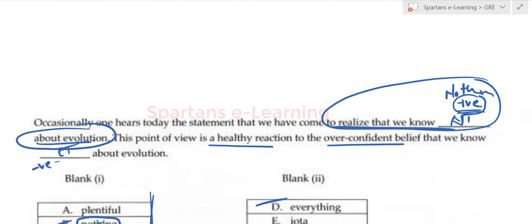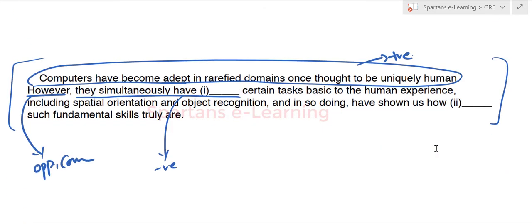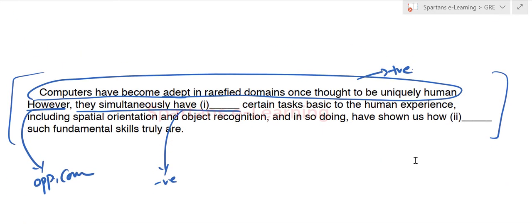We are not talking about this word, okay? This complete clause should give you a positive thing. That means in this blank you should keep a negative word, right? That's how you have to solve the questions. Don't just literally follow that a positive word means you have to get only a positive word. Don't go like that, right? After plugging in the word, you have to get a positive connotation.